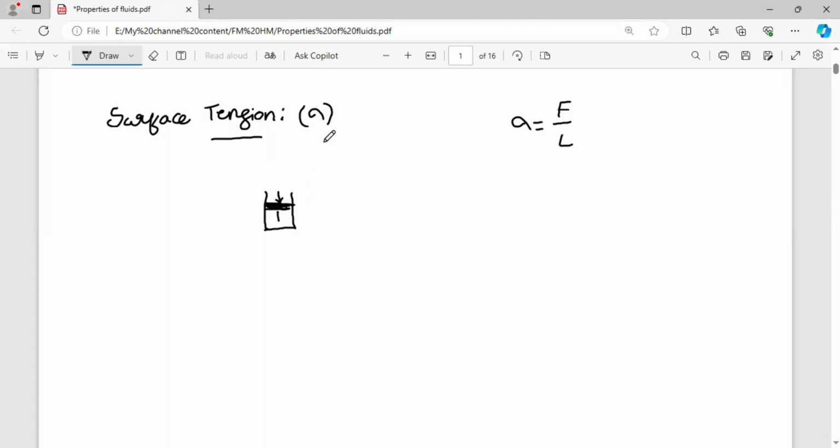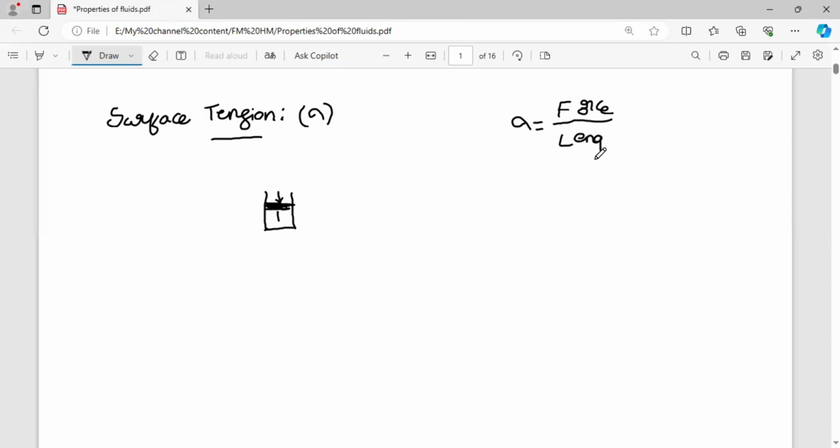This is called surface tension. Simply, the force acting on the surface of the liquid per unit length is the surface tension.